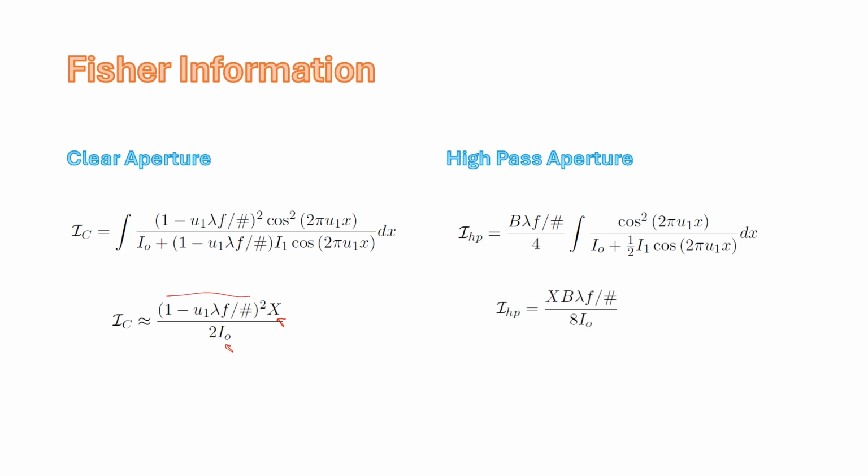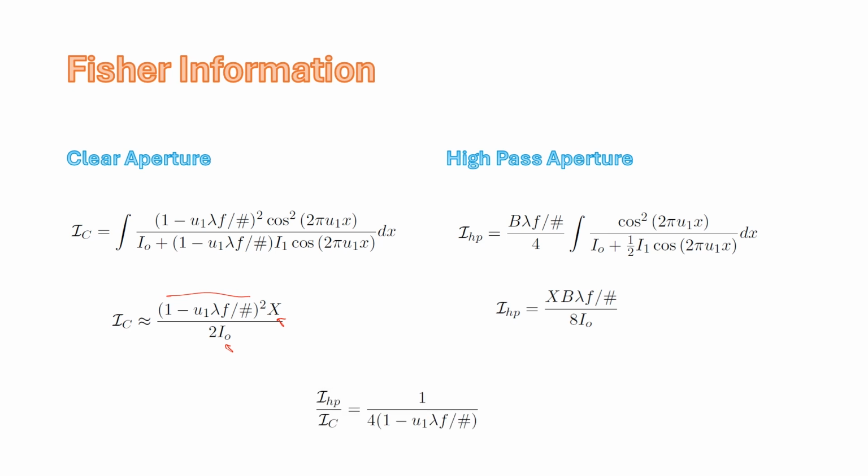In comparison, this is the Fisher information under the same limit where I1 is much less than I naught for the high pass system. And now there's no longer frequency dependence in the Fisher information, because we're assuming that we're measuring the frequency at the peak of the high pass signal, where the transfer function is 1/2 of the DC transfer function.